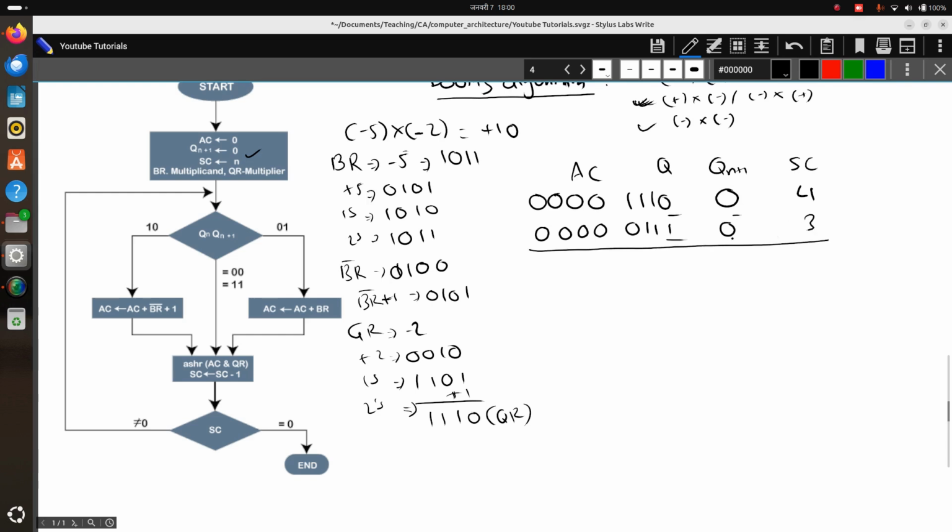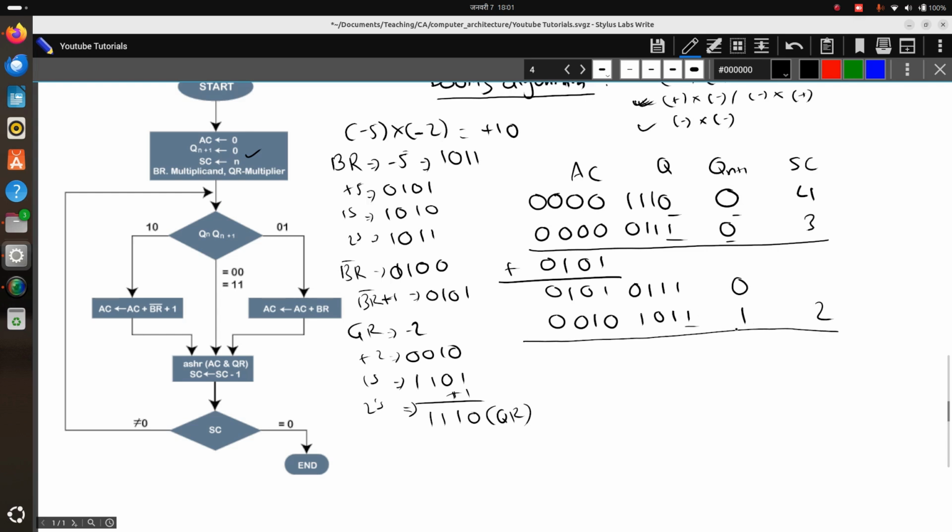Now if we see the combination, we see 1 and 0 here. 1 and 0 immediately means that we need to add the complement to accumulator. So 0, 1, 0, 1, we add this, we get 0, 1, 0, 1, 0, 1, 1, 1 and then 0 here. We again need to perform a right shift operation. So 0, 0, 1, 0, 1, 0, 1, 1 and 1. The step counter is going to be 2.